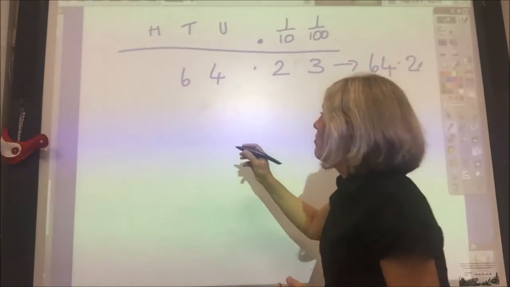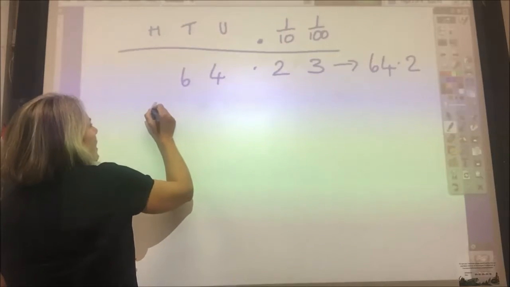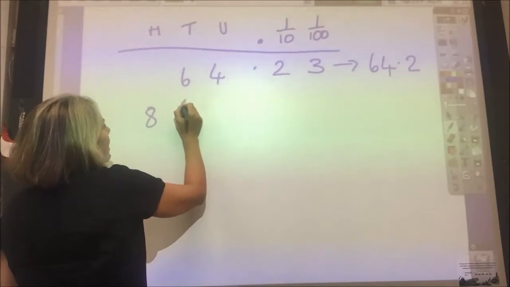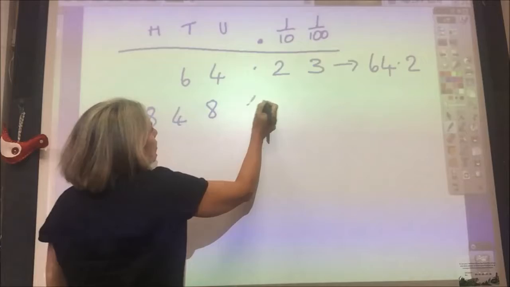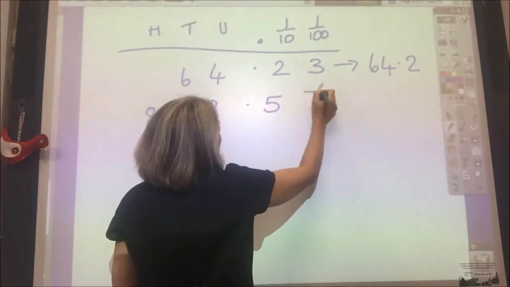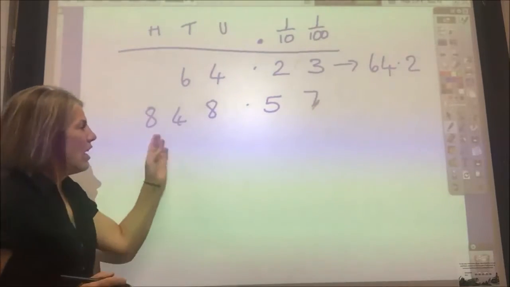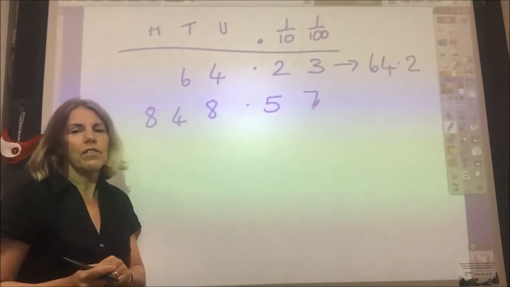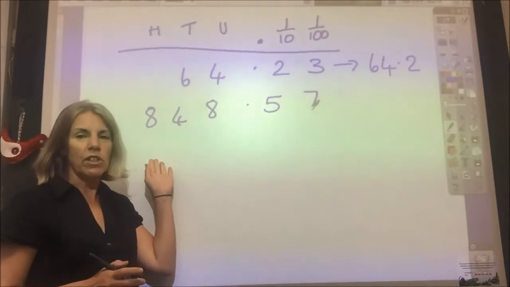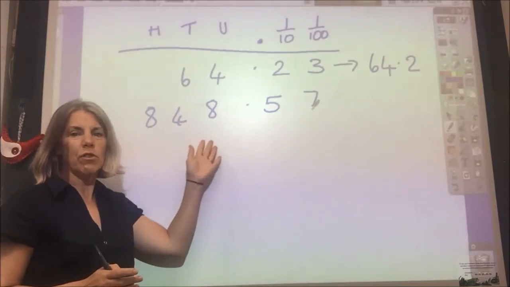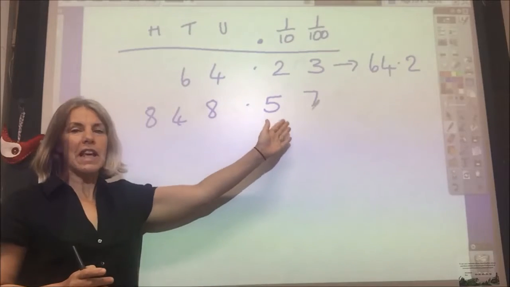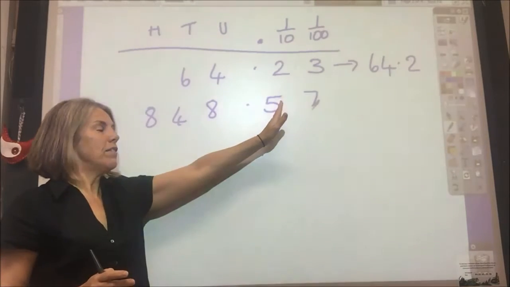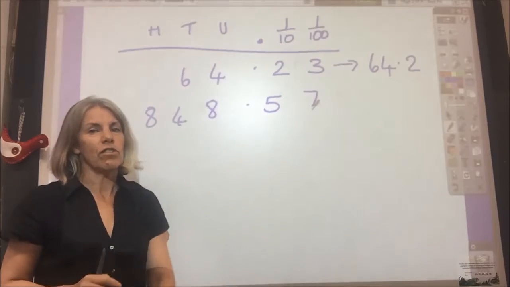Okay, let's try another one. So let's have 848.57. If you want to think of it in money terms, £848.57. 5 tenths, 7 hundredths.